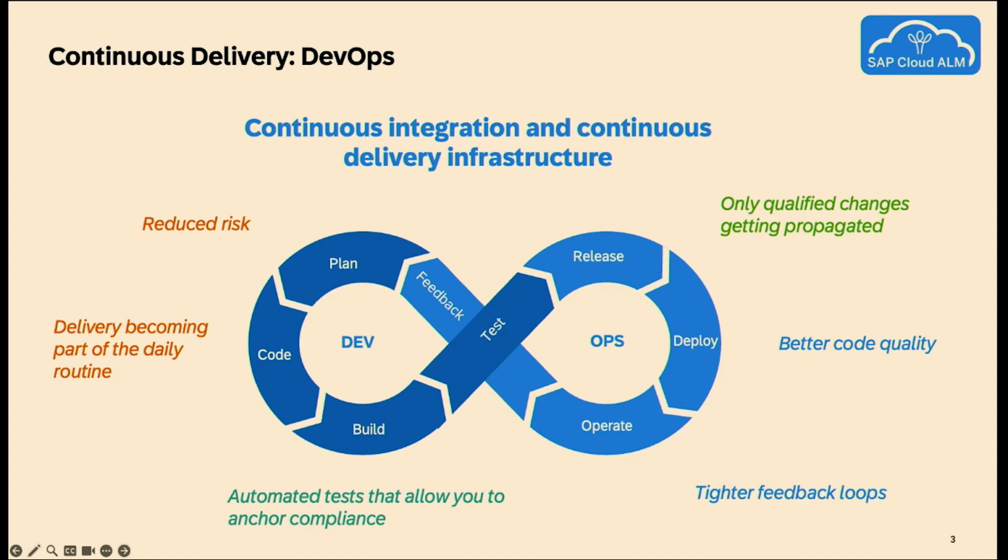We are a daily delivery organization in SAP Cloud ALM, so we follow all DevOps principles, and I think the most important is that we include delivery in our daily routine. It means we have a DevOps developer looking every morning to check that the delivery is okay. The goal is to reduce the risk and also have better code quality.